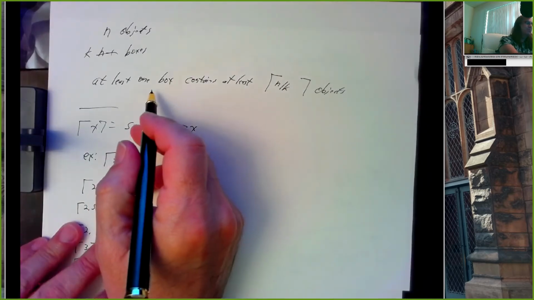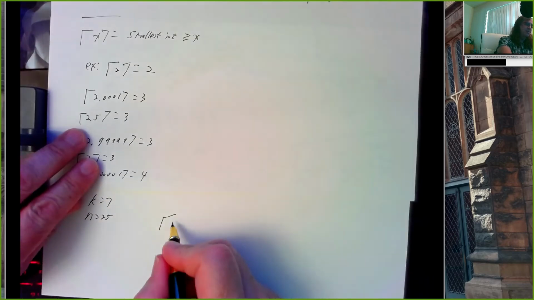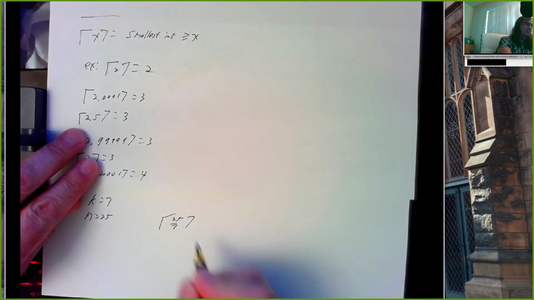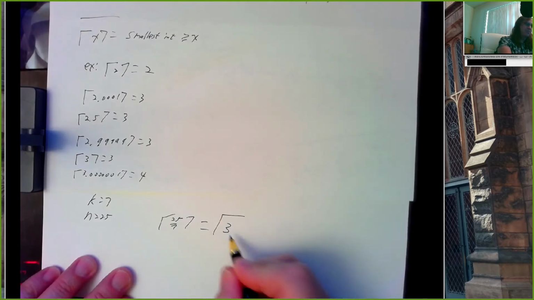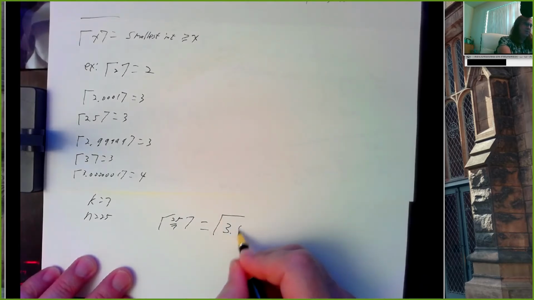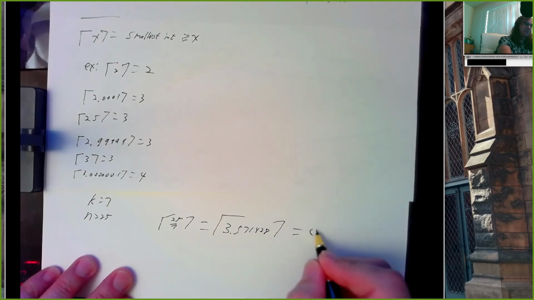Generalized pigeonhole principle tells us at least one box contains at least ceiling 25/7. What 25/7 would be 3.571428, and the ceiling of that is 4.